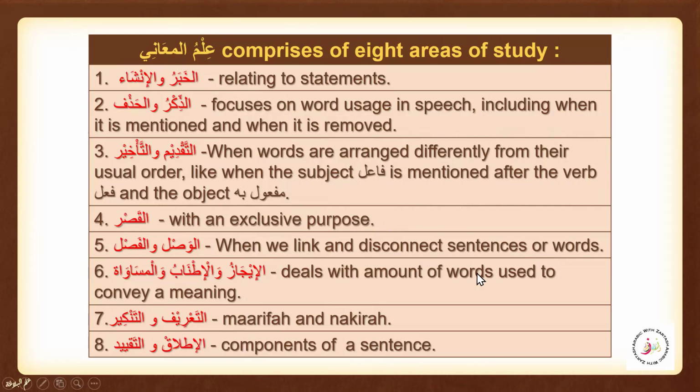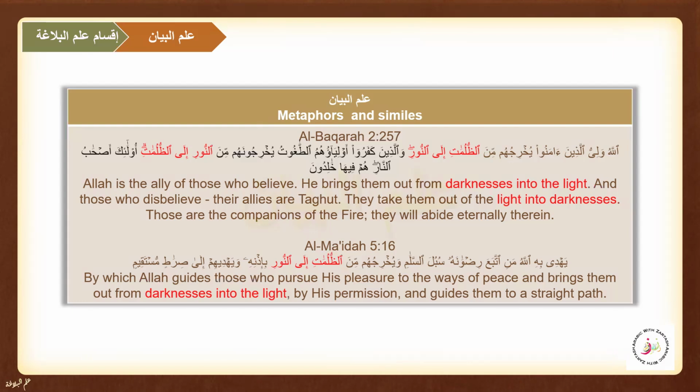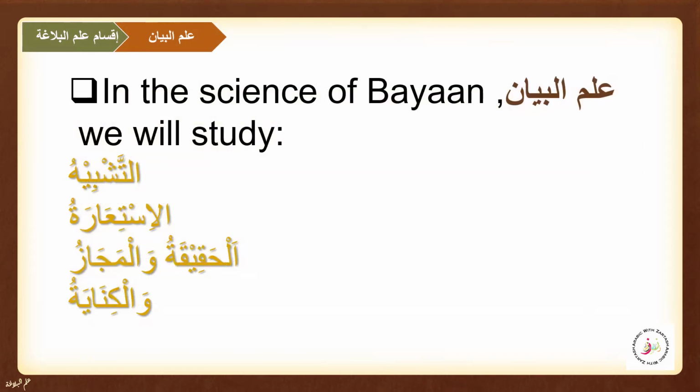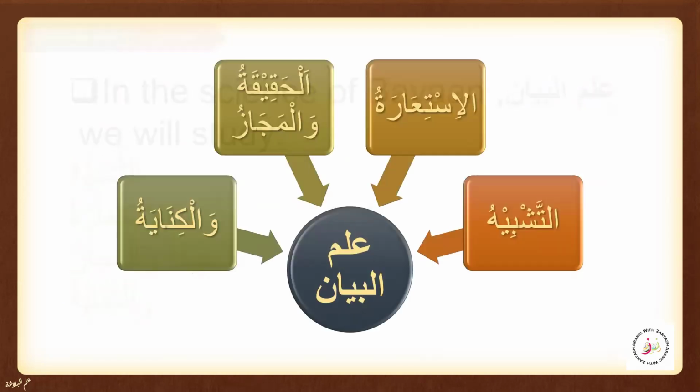In Ilm al-Ma'ani, we covered, Alhamdulillah, these eight areas of study, the main areas of Ilm al-Ma'ani. Then we started with Ilm al-Bayan, that is all about metaphors and similes. We know that in Ilm al-Bayan, we are going to study al-Tashbih, al-Istiara, al-Haqiqah wal-Majaz, and al-Kinaya.